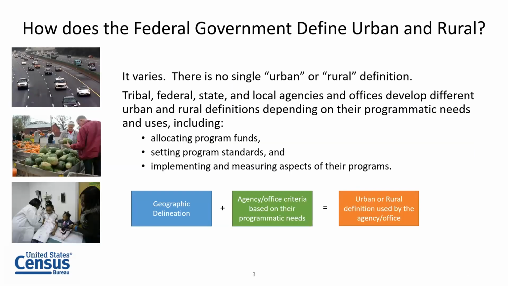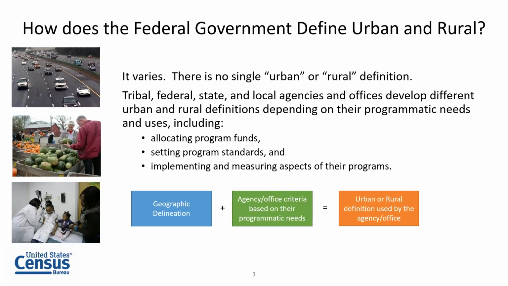So first we'll get into just some basic information about urban and rural definitions. One thing that's really important to note is that there's not one single definition of urban and rural that is used universally by all levels of government, or even within the federal government. Tribal, federal, state, and local government agencies and offices all develop different definitions depending on their programmatic needs and uses. Some of those needs and uses include allocating program funds, setting program standards, and implementing and measuring aspects of their programs.